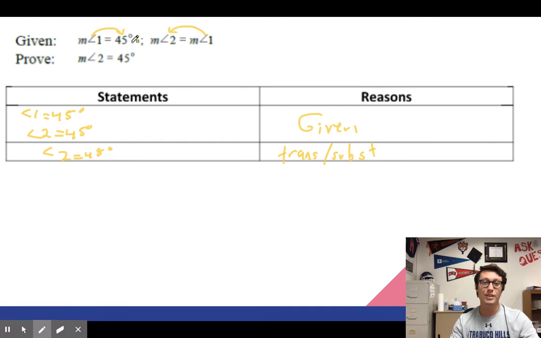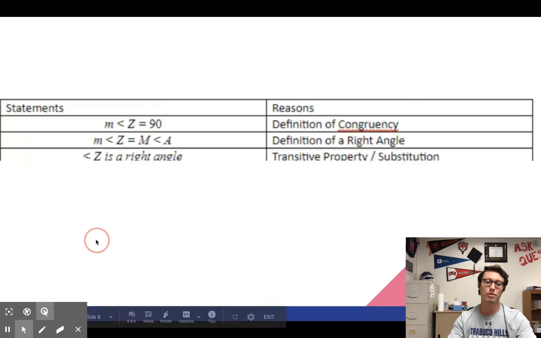Since angle 1 is equal to both 45 and angle 2, you can now replace angle 1. Since it's equal to 45, you can replace it right there. You can substitute it. So, transitive property or substitution. That is how we find out that it is also equal to 45 degrees.